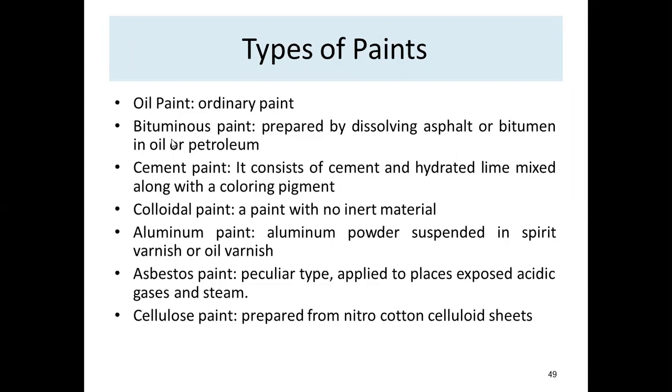This aluminum paint is formed from aluminum powder suspended in a spirit varnish or oil varnish. This paint consists of finely ground aluminum suspended in either quick drying spirit varnish or slow drying oil varnish as per the requirement.